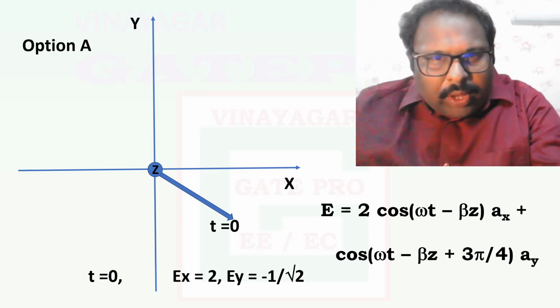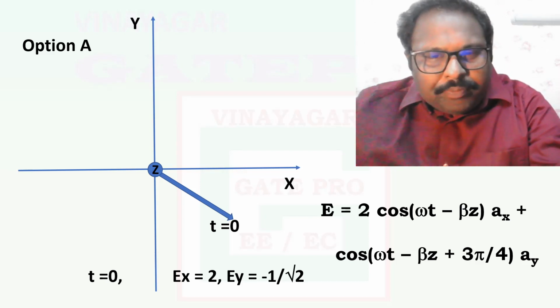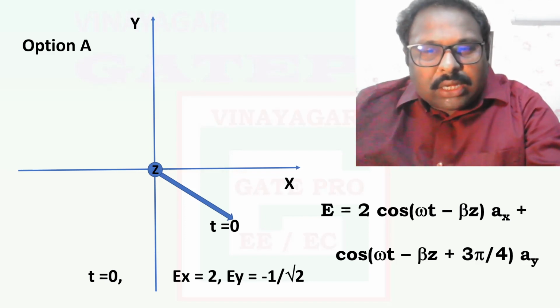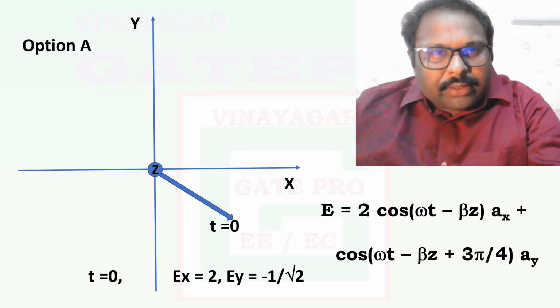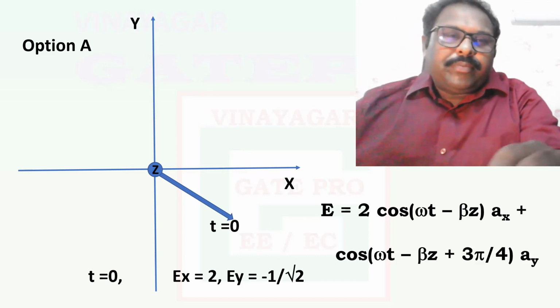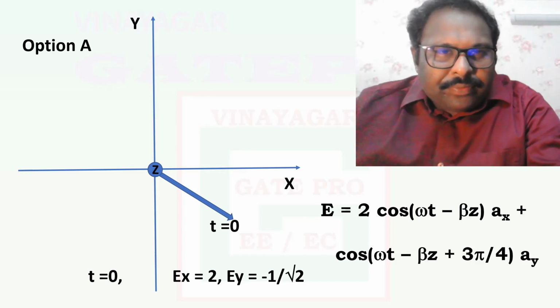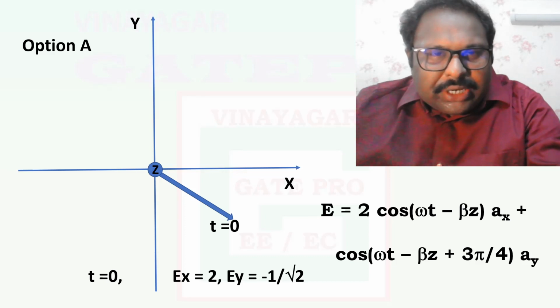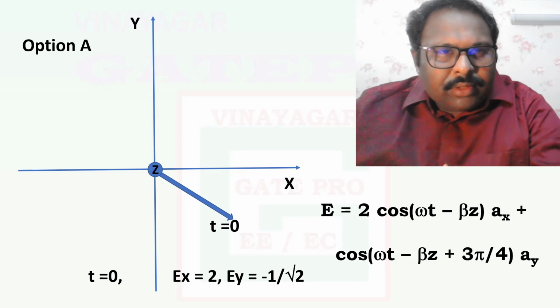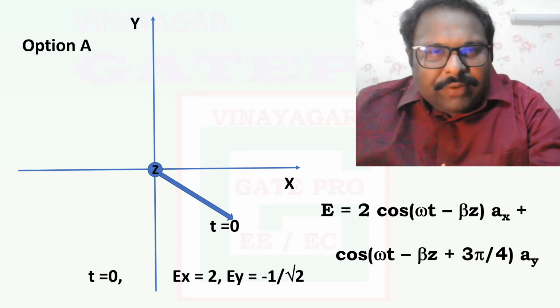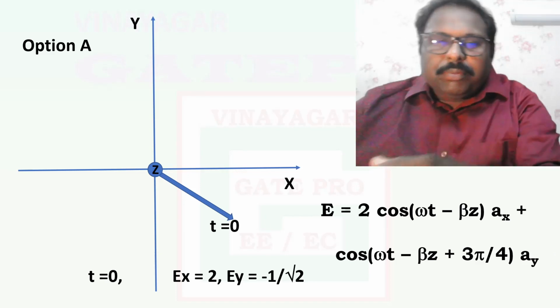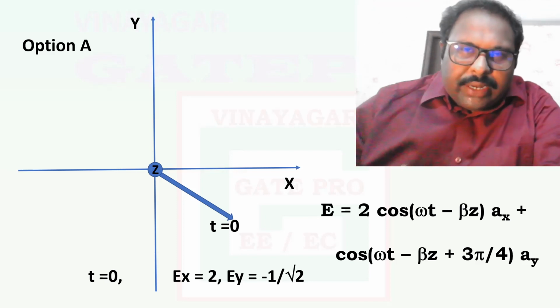Cos 0 is 1, so the amplitude is 2. And cos 3 pi by 4, cos 135 degrees, is in the second quadrant, so that comes to be negative. So the electric field is initially in the fourth quadrant, x positive, y negative. That's the first trace of the electric field direction. Wave is coming out of the screen.